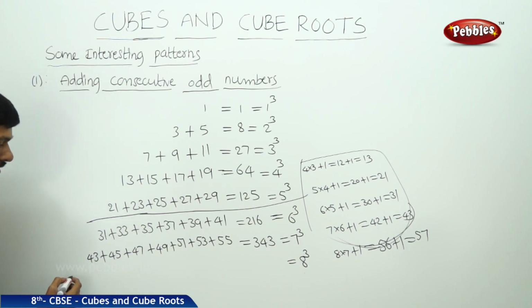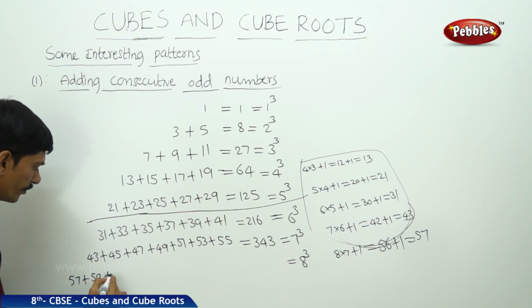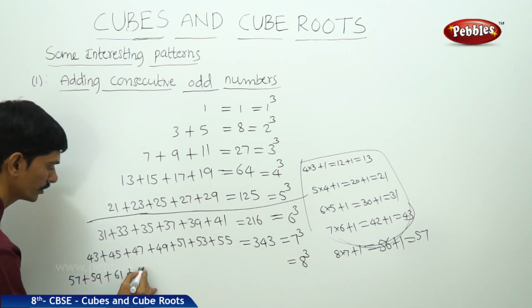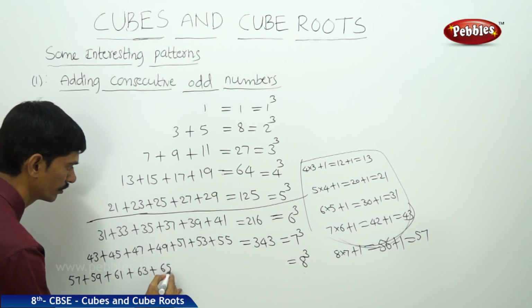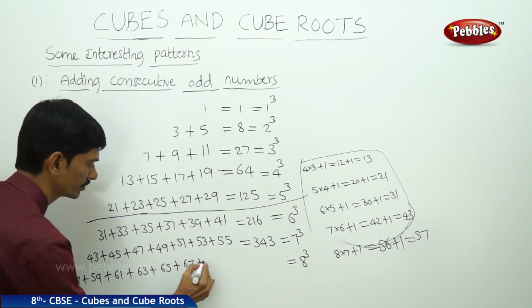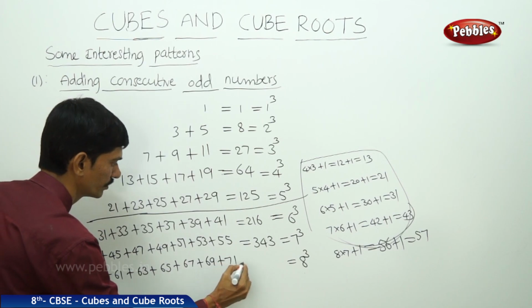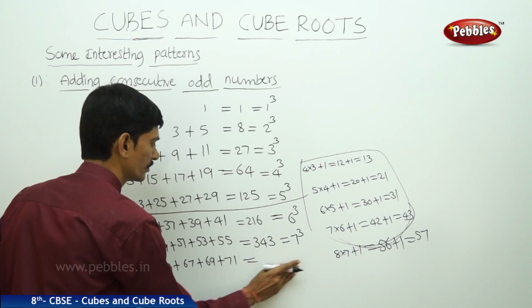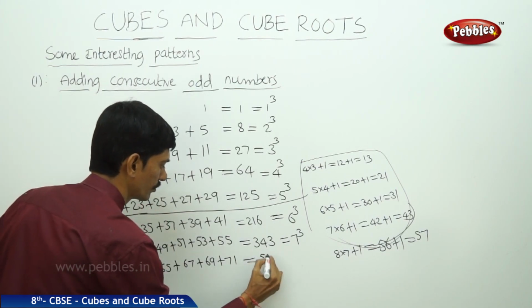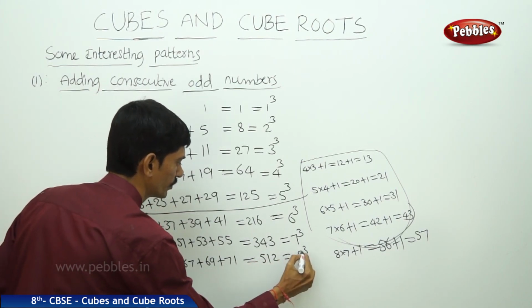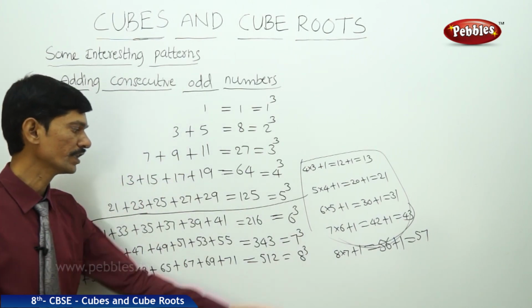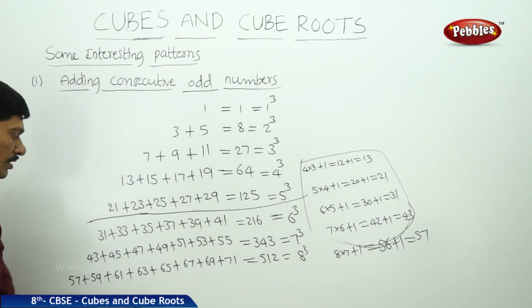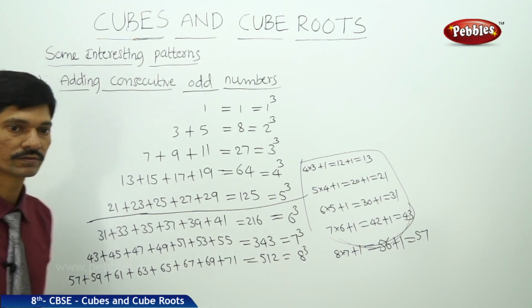Then we can write 57 plus 59 plus 61 plus 63 plus 65 plus 67 plus 69 plus 71. So this equals 8 cube, which is 512. So we can write the cube of any natural number as the sum of consecutive odd numbers.